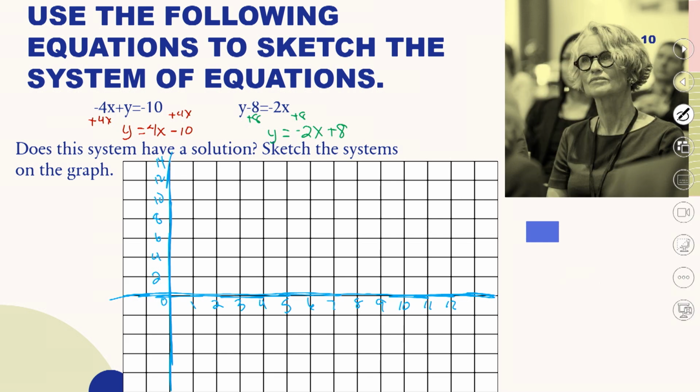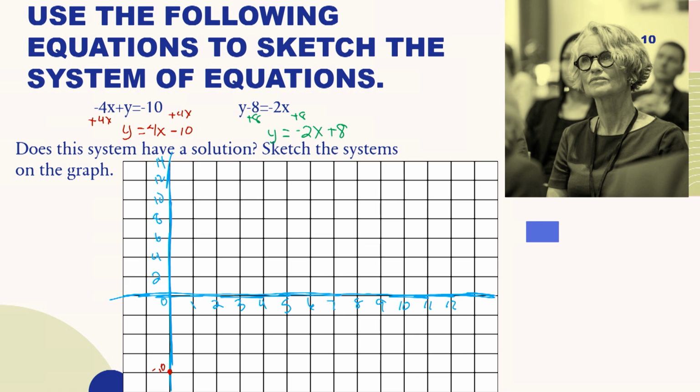I know that it crosses my y-axis at negative 10. So let's go down here and just make this equal negative 10. So I'm going to put my dot right there at negative 10. And then I'm going to go up 4 over 1.